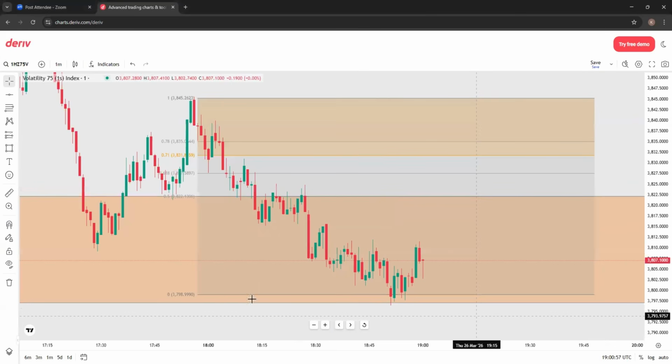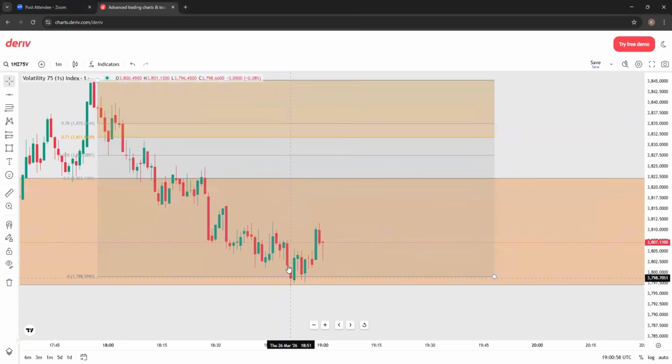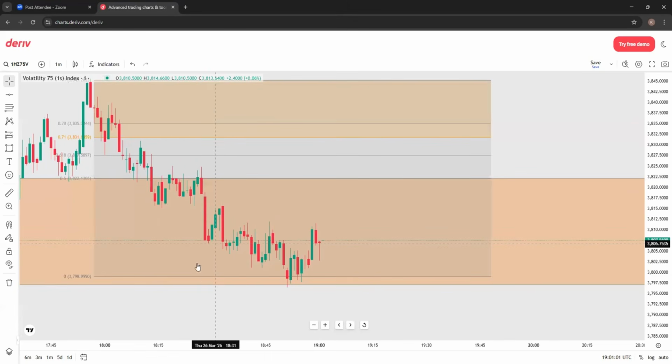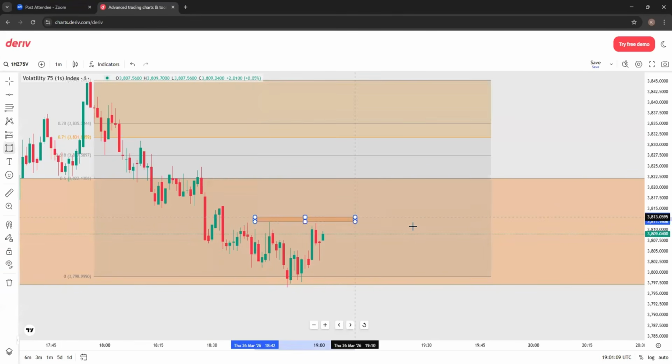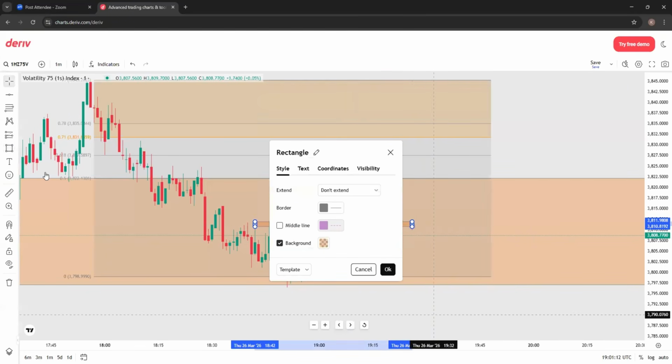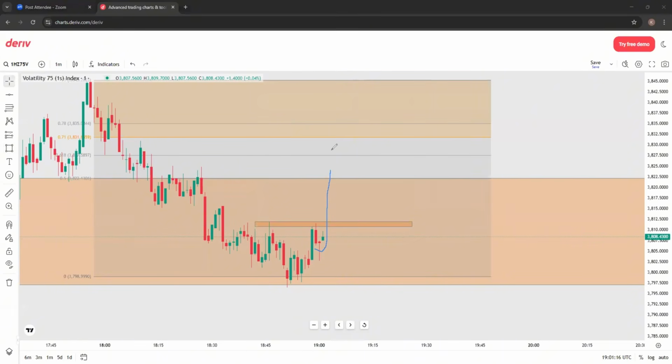We already have an M1 change of character, and having that M1 change of character, we now have to come and break this structure over here. So what someone would do is they would wait for it to come and break structure, buy it up until here. That's where the aggressive entries come in, and then you take profit.